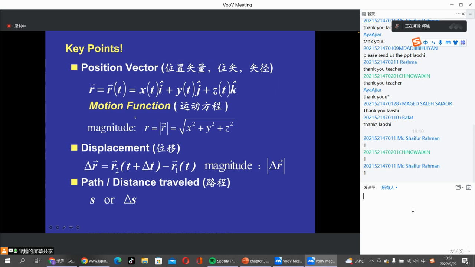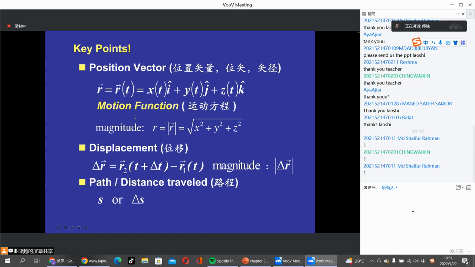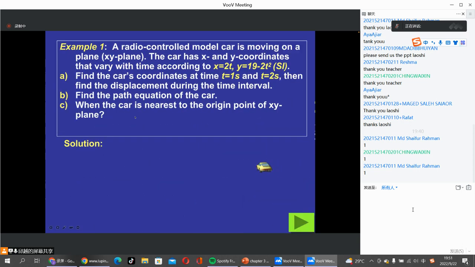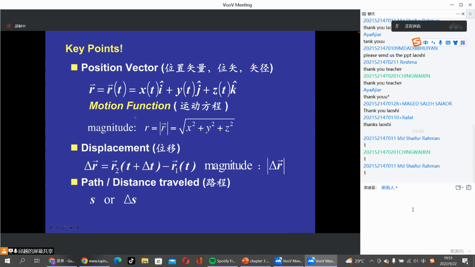And we also learned the path, or the distance traveled. Okay, here we have learned some important terms.